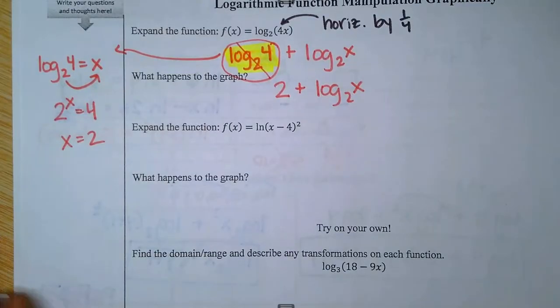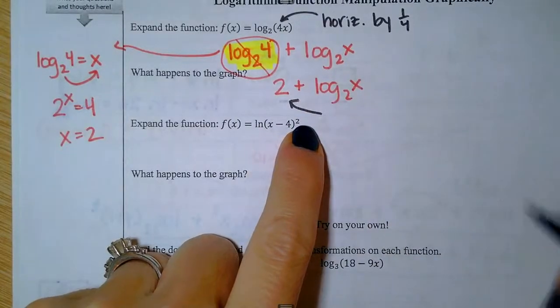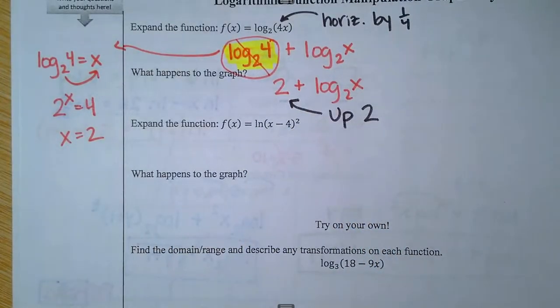So instead of a horizontal dilation by 1/4, what also could have happened? It's going up 2, isn't it? It's going up 2.